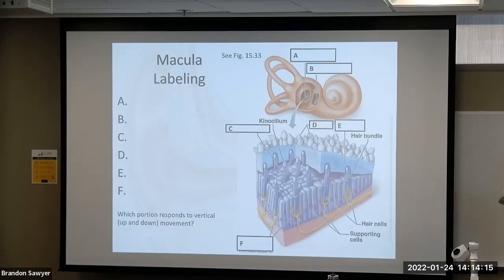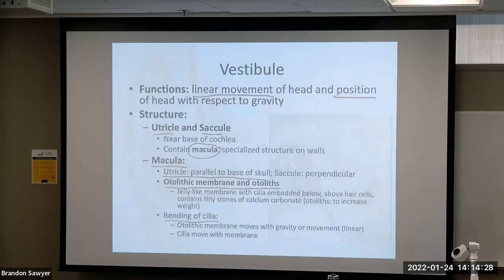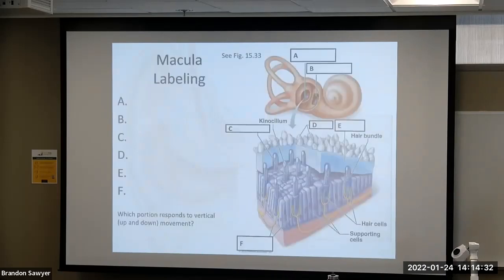Same thing if you tip your head forwards: those little rocks give the membrane enough weight to pull down. That stimulation tells your brain that your head is moving forward. That's pretty much the basics of that. So take a sec and label these structures, and then send your answer in.